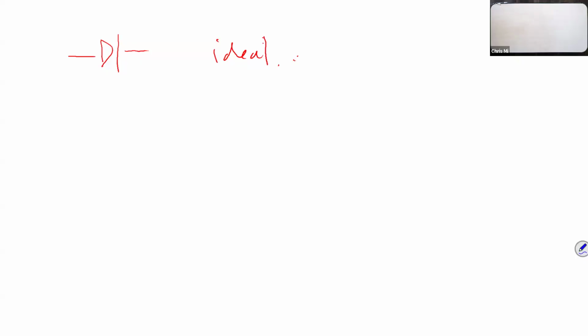Only one flow direction: current, ID, in one direction. It's easy to know which direction because the arrow, the triangle, indicates the direction of current. And voltage drop, VD, is 0.